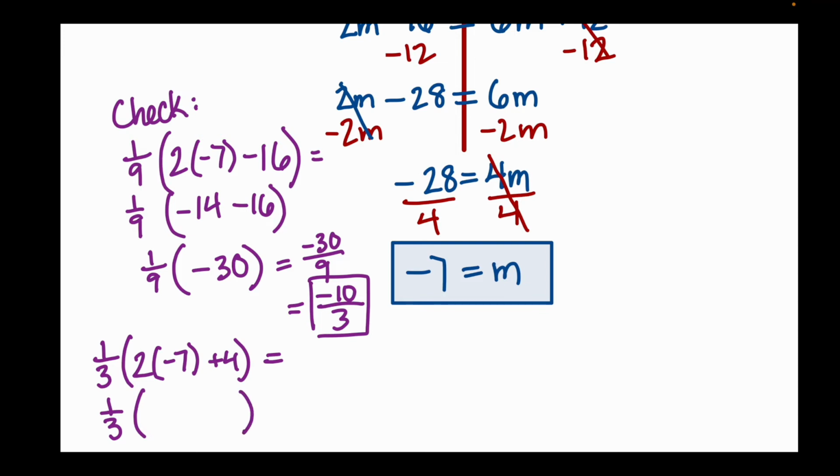I'm actually going to skip writing out every single step here. But 2 times negative 7 is negative 14. And if I add 4 to that, that brings us back to negative 10. And this is just like negative 10/1. So if we multiply this out, we get negative 10/3. Since both sides give us the same value, we can say this is correct.